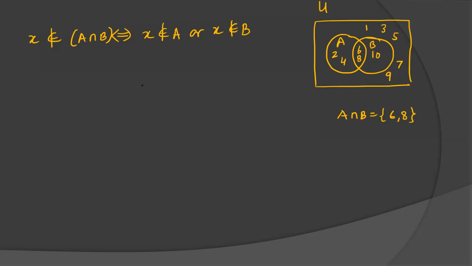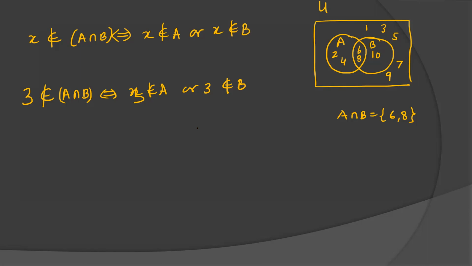So if we have three cases here, suppose we take 3. 3 is not belonging to A intersection B. We can see that 3 is not belonging to A and or 3 is not belonging to B here.